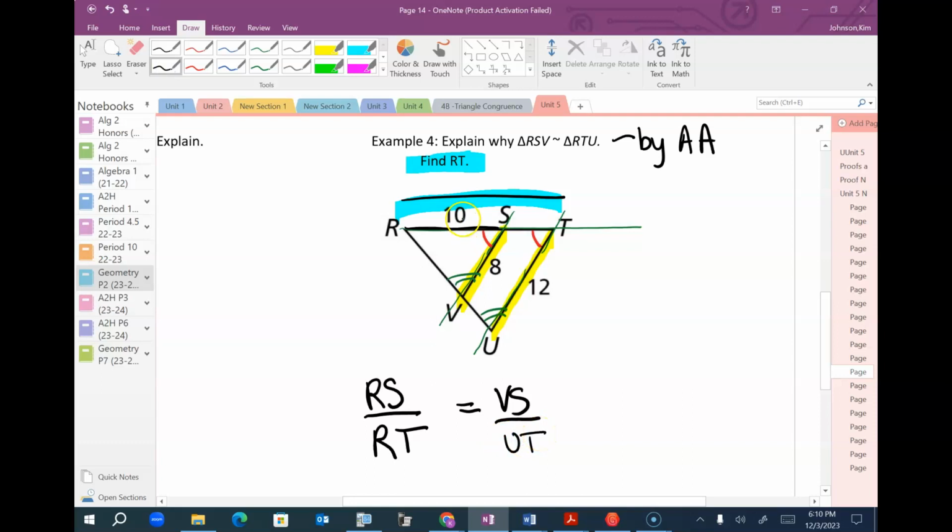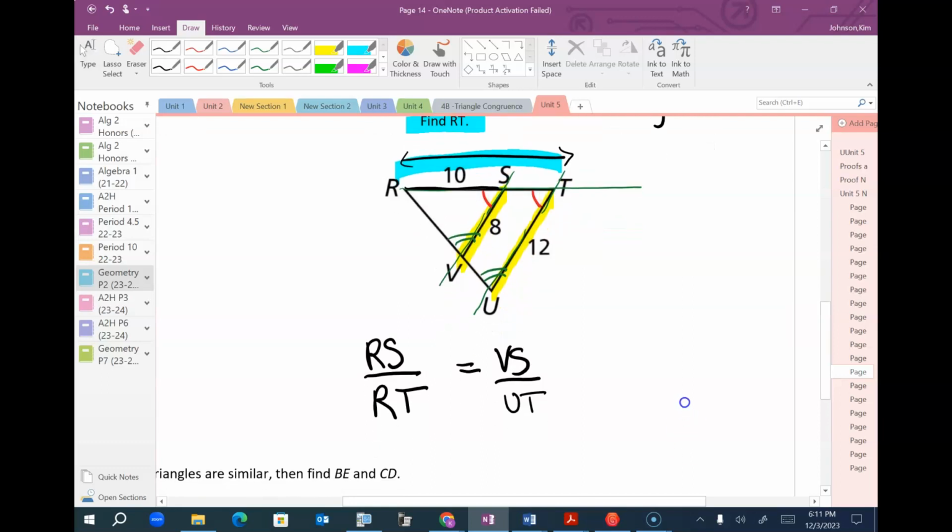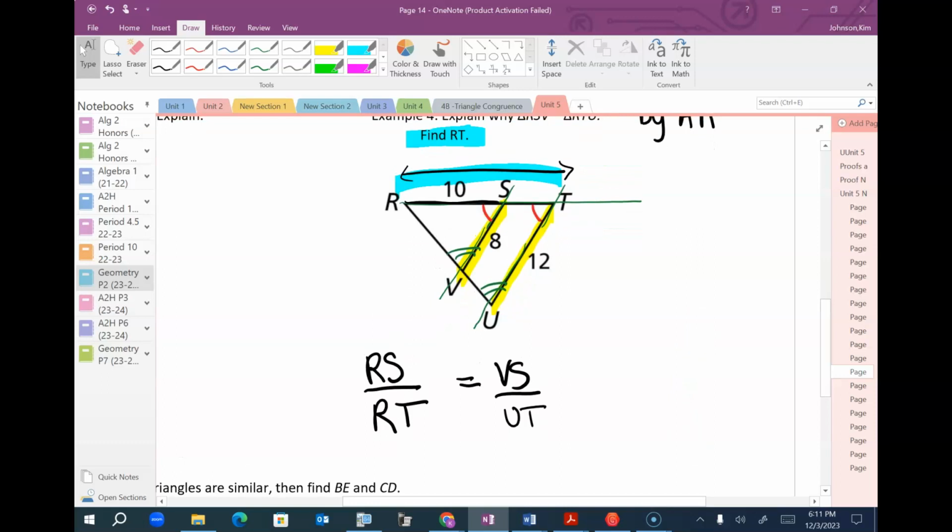So I'm saying the top side on the small triangle corresponds to the top long side on the big triangle, as the right or base side on the small is to the right or base side on the big. Let's check mathematically so that we can solve.